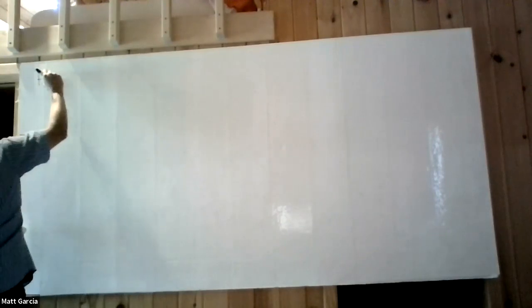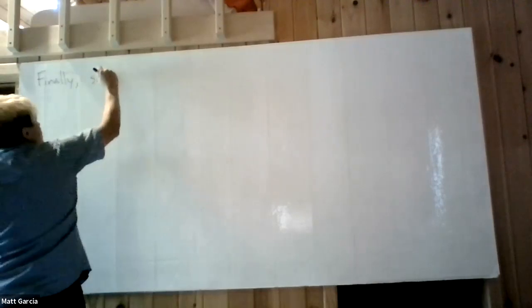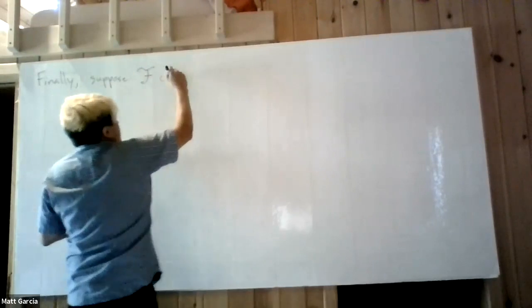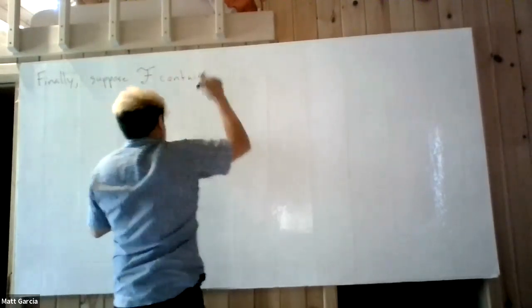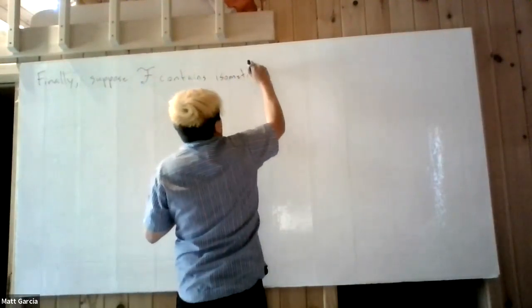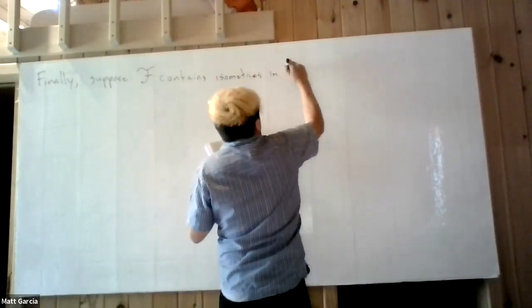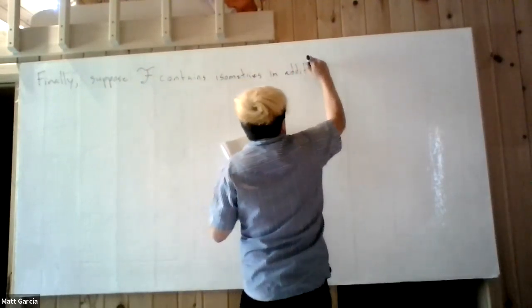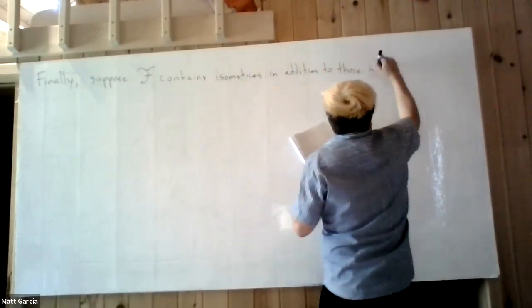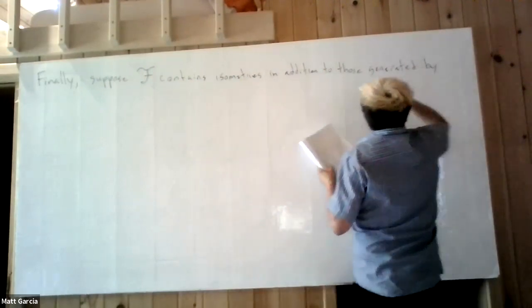So finally, suppose F contains isometries in addition to those generated by gamma.